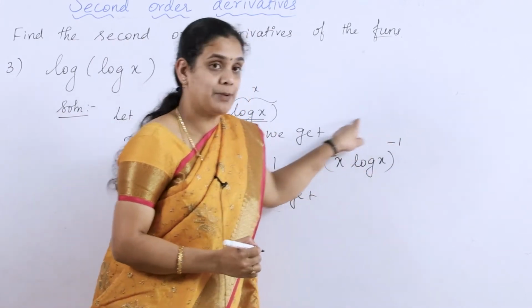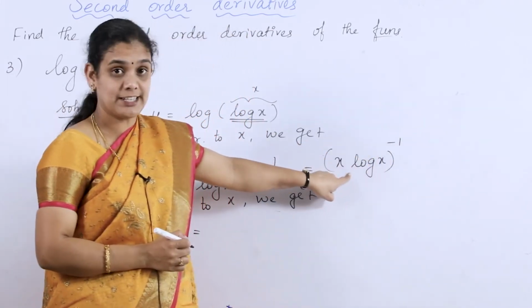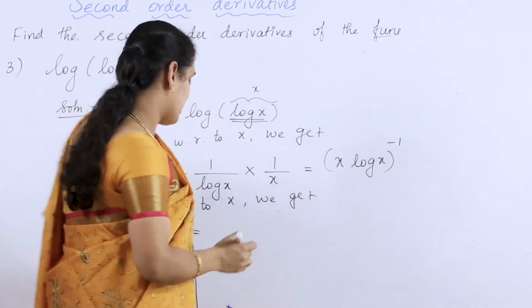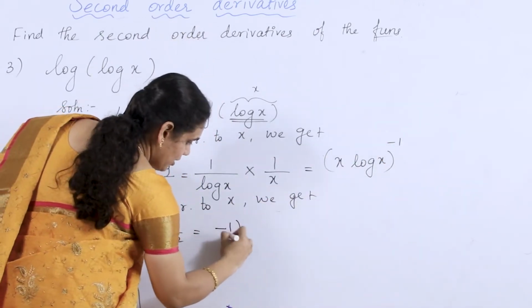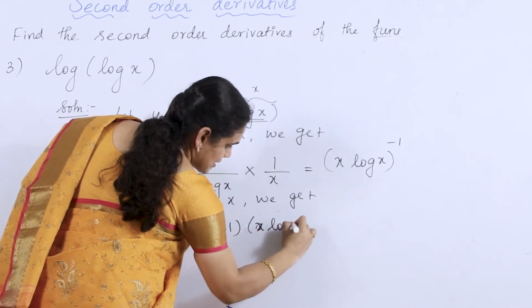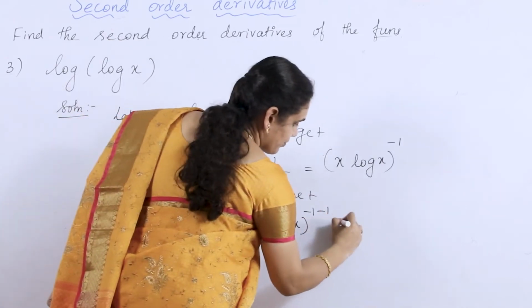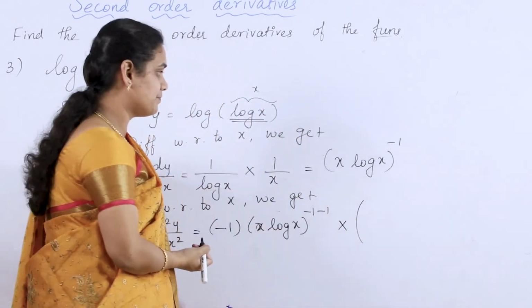We have to differentiate this part, right? So first we differentiate the power, which is minus 1 into x log x to the power minus 2, into, now you get inside the bracket.